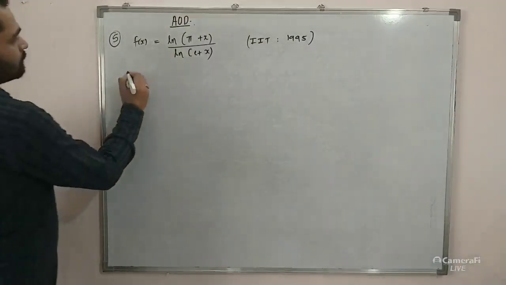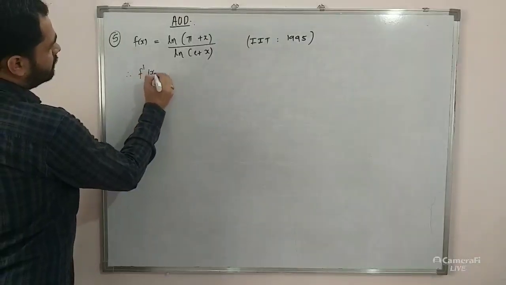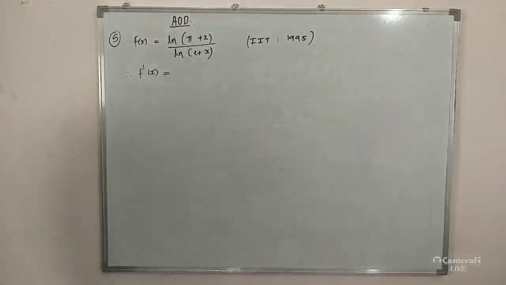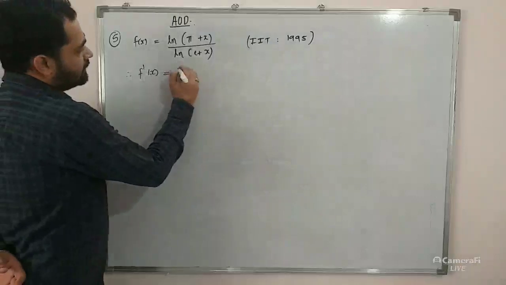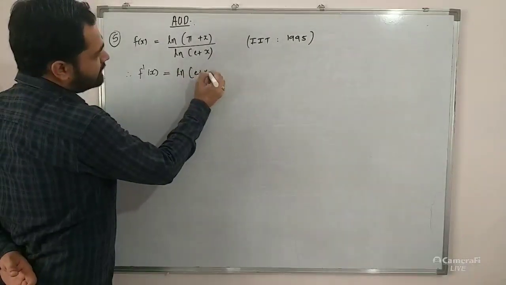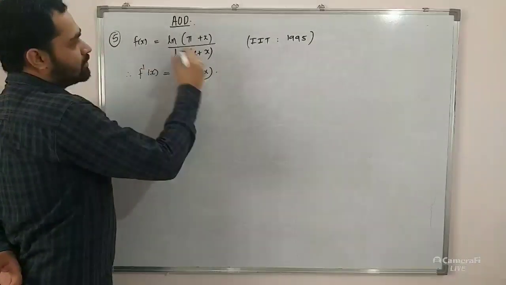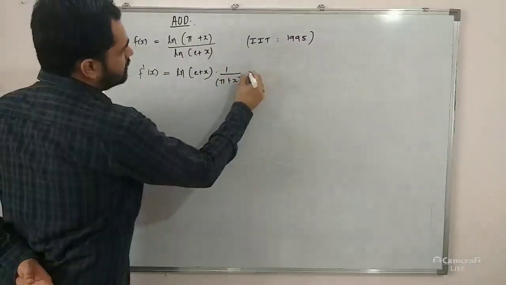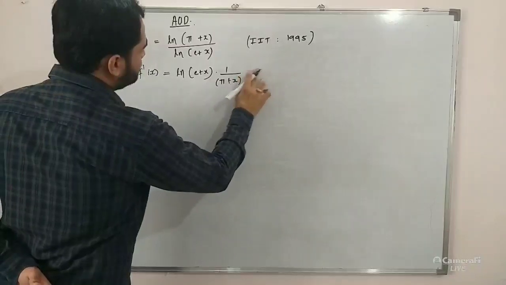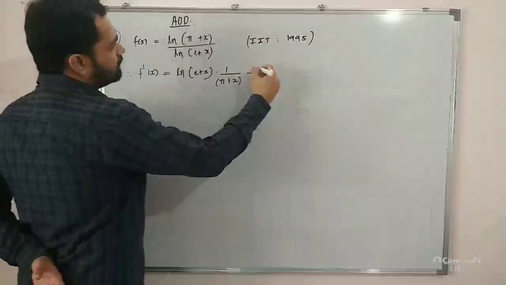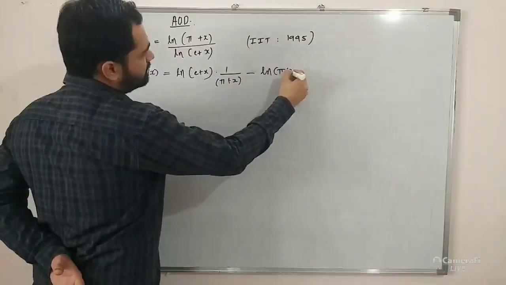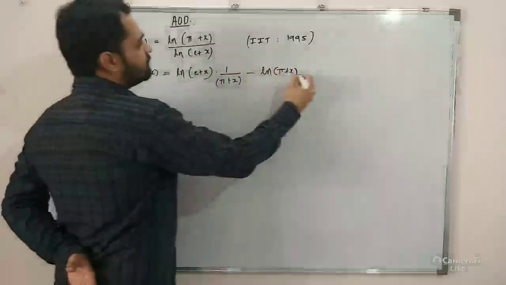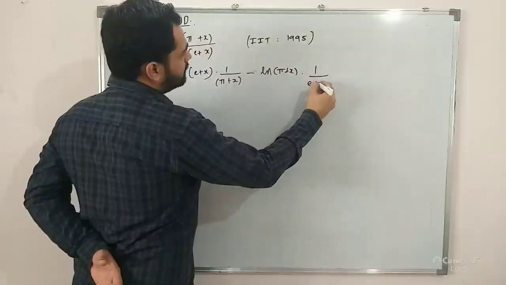So first of all, we are going to find f dash of x. With the help of the quotient rule, denominator at outside, ln(e + x), times the derivative of the numerator, which is 1 upon pi plus x, minus numerator at outside, ln(pi + x), times the derivative of the denominator, which is 1 upon e plus x.